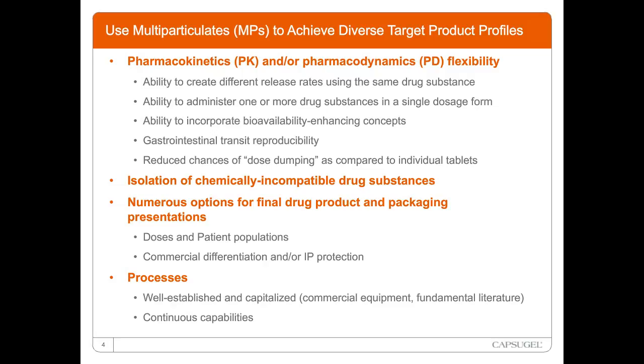Importantly, drug substance and drug product intermediates are only as good as the dosage form and packaging they are delivered from. Luckily, multiparticulates allow a formulation team the option to use sachets for high-dose situations or patient populations that struggle with swallowing large dosage forms. Multiparticulates are definitely amenable to capsule filling and dosing.